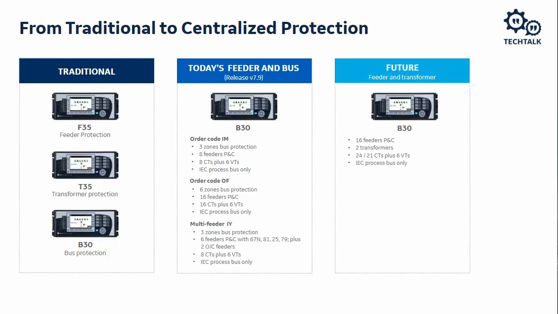And this is process bus only, but it'll do up to 24 CTs at 50 hertz, 21 at 60 hertz, plus 6 VTs. So that's planned for a future version of the B30 in the somewhat near future.